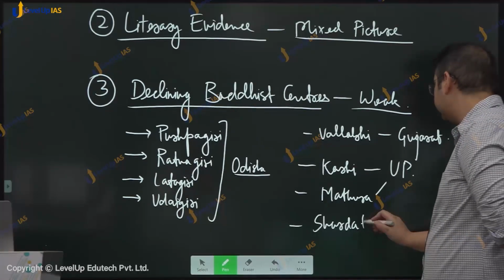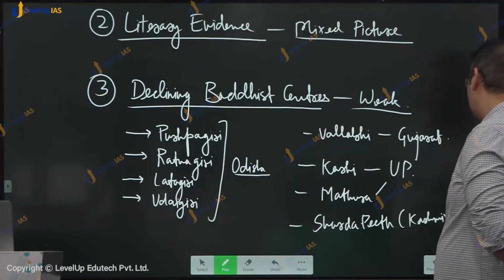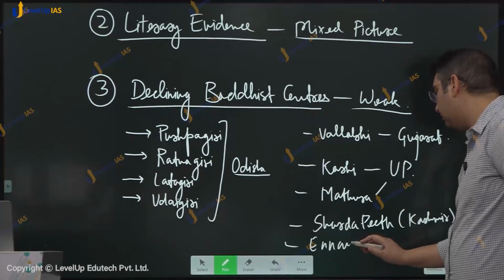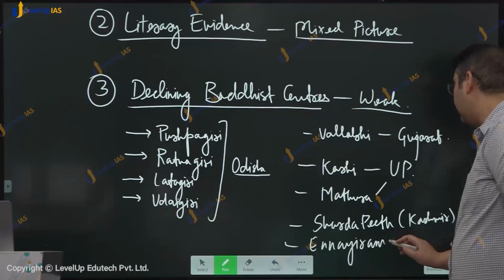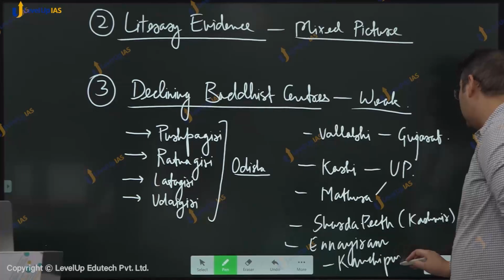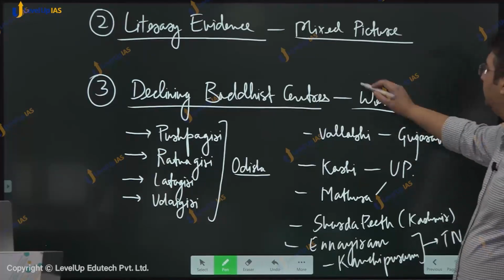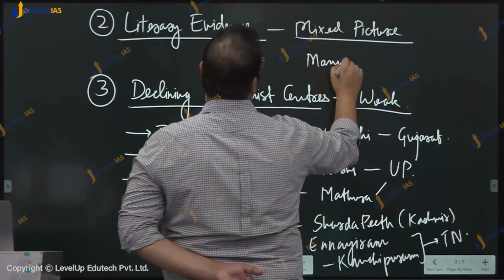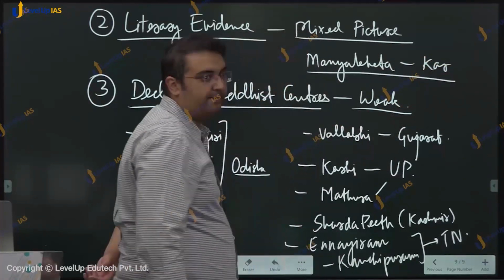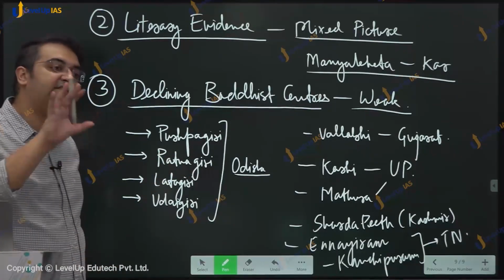शारदा पीठ in कश्मीर, एन्नायरम and कांचीपुरम in तमिलनाडु, मान्यखेत in कर्नाटका, नागार्जुनाकोंडा also you can write, but नागार्जुनाकोंडा actually सातवाहना पीरियड से फ्लरिश कर रहा था.